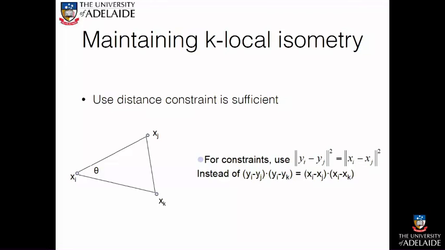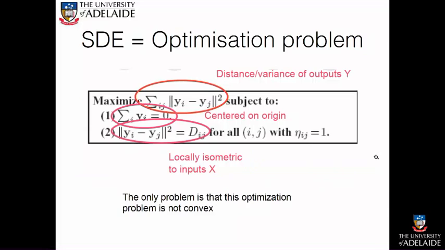Again, compare with MDS, it shares similar ideas, or compare with Isomap as well. So the first set of constraints is something like this: if you measure the distance in the original space and the embedded space, they should be the same.